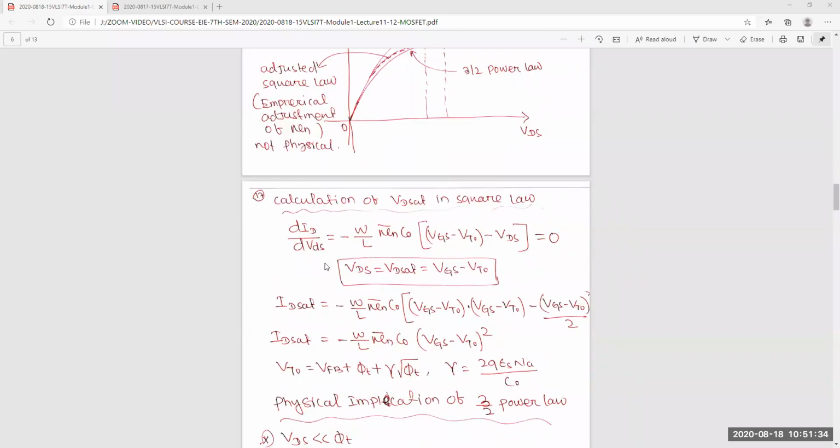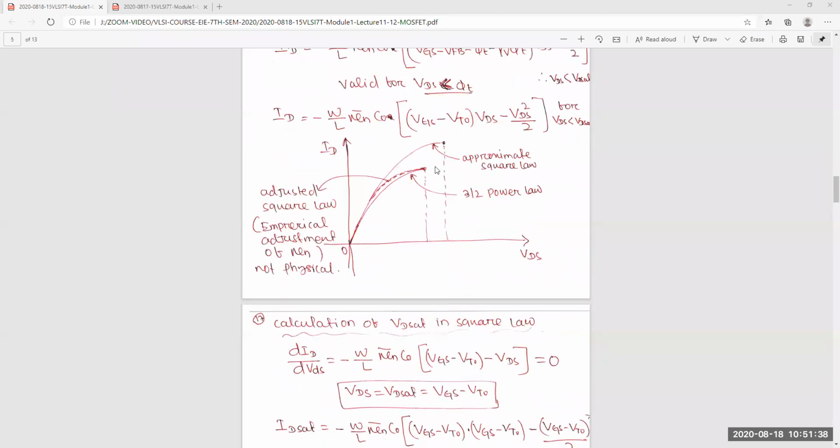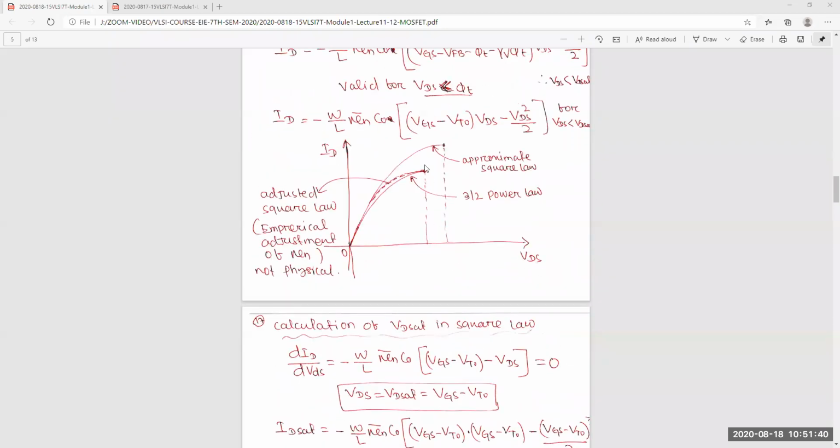So now, this is up to the threshold voltage that we have calculated. What is after that? We already said that after that is saturation, which means the current will not change with the VDS voltage.